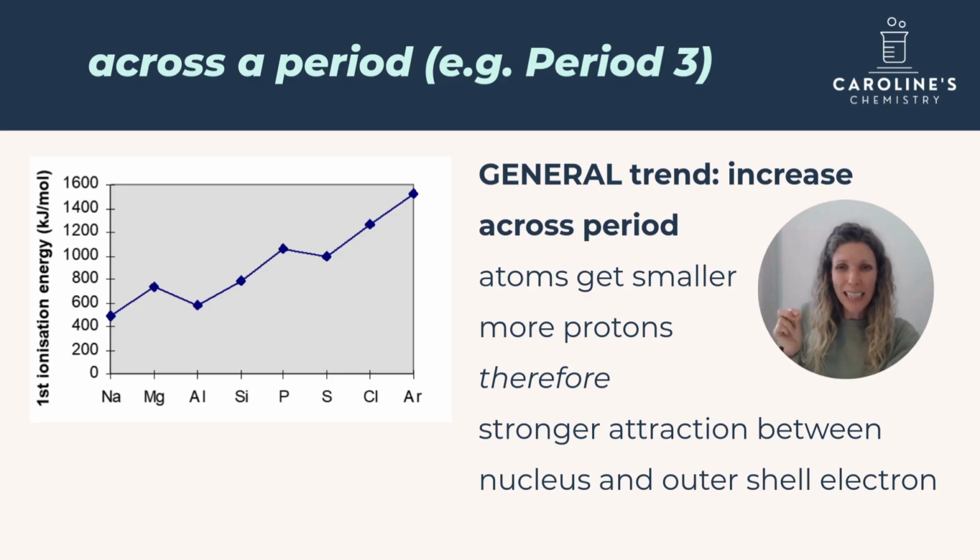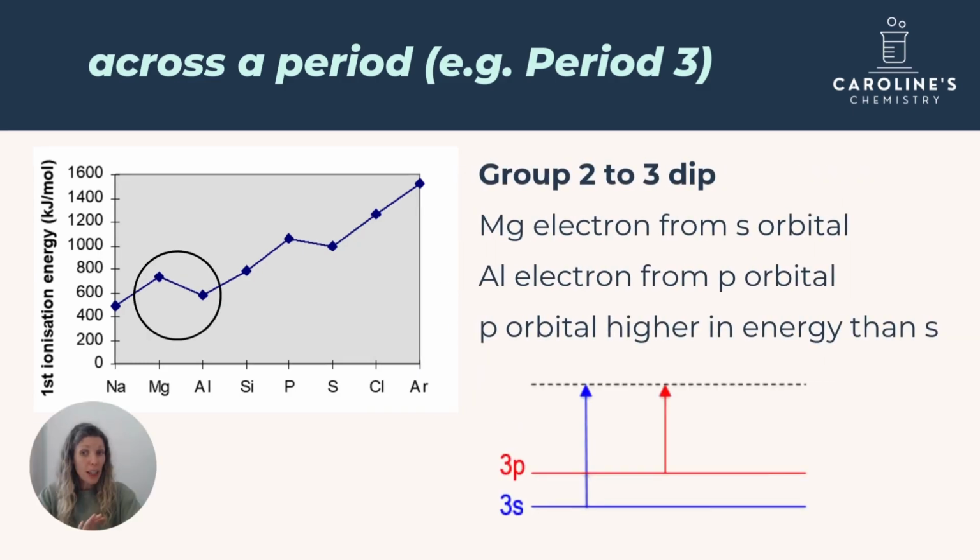There are a couple of key exceptions that you can see there though. So this first exception to this general overall increase is the group 2 to 3 dip. Now when we're talking about period 3, that is magnesium to aluminium. But again, remember, the same logic applies to any period in the periodic table. So it's any group 2 to 3 dip, you will see the same dip in the trend.